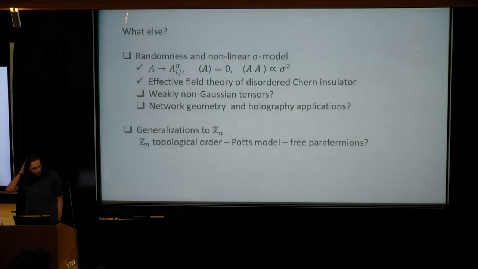Everything that I've done relied heavily on this Z2 symmetry, so it's very natural to think about what happens if you go from Z2 to Zn. I think that the correlation function mapping to the statistical partition function mapping should go through, and that you should be able to find the partition function of the n-state Potts model.